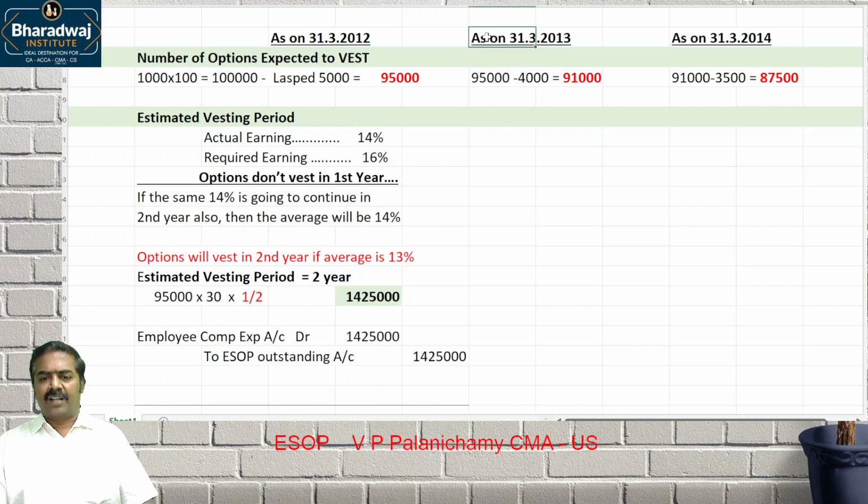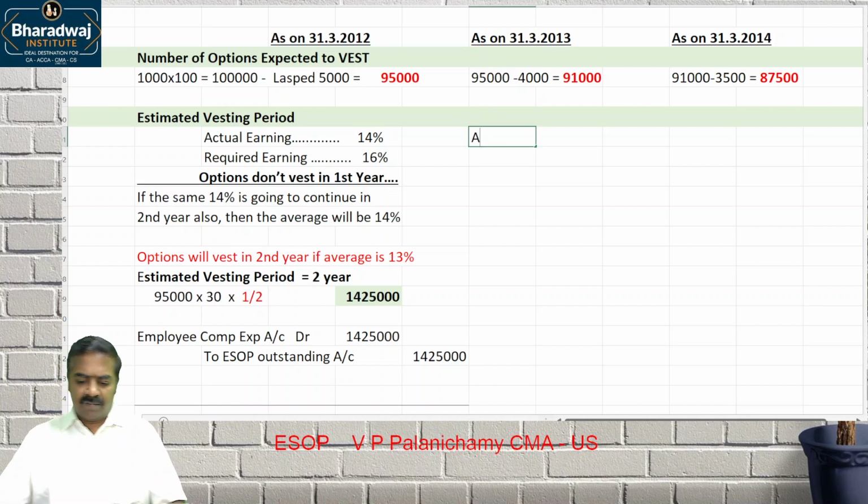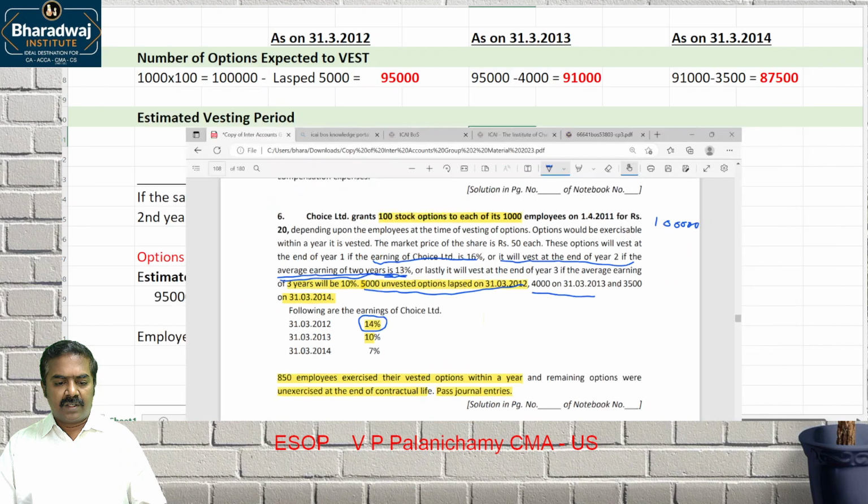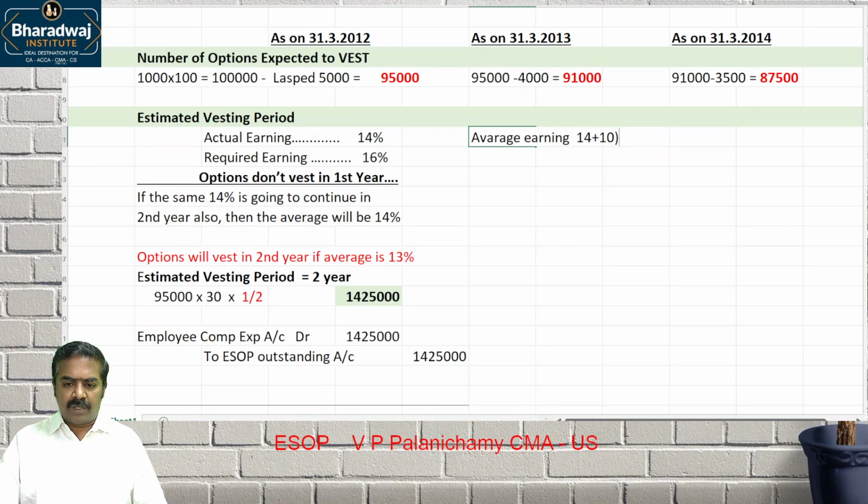Then let us see the position as on 31st March 2013. What is the average earning? First year plus second year divided by 2. First year, what percentage? 14% plus second year, see the actual, 10, divided by 2. What percentage? 12%.